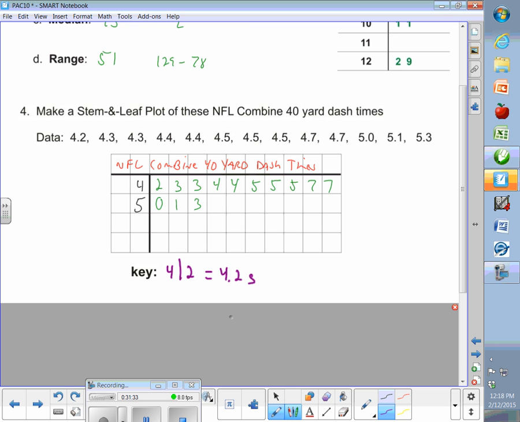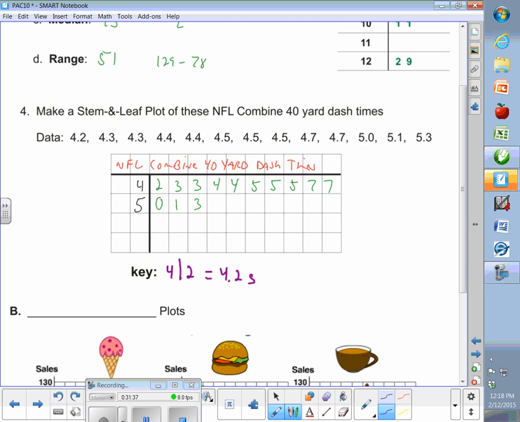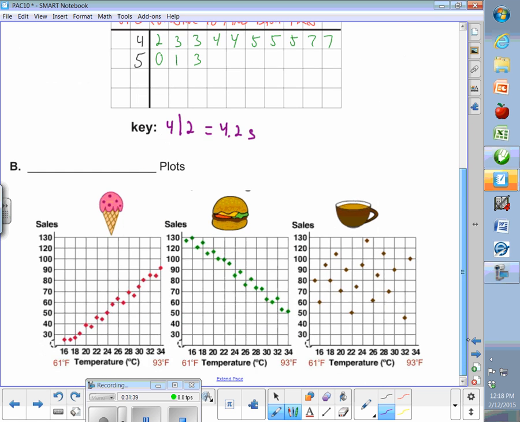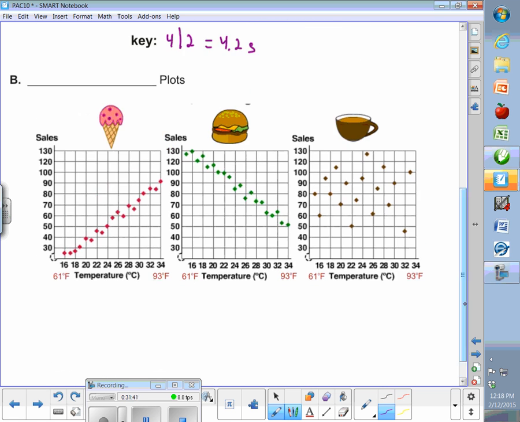Any questions on stem and leaf before I go on to the last thing? Okay. All right, that leaves last thought here. We've got some plots here. Anybody know what these are called? No. Jordan? Nope. John? Nope.